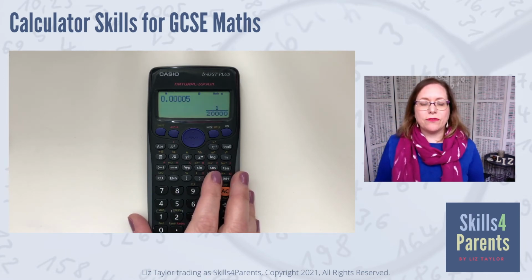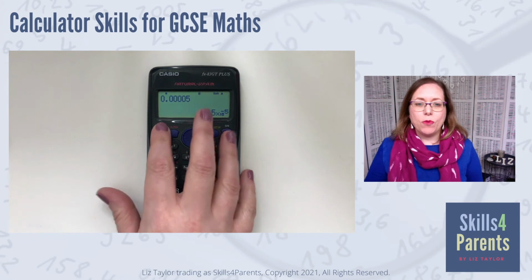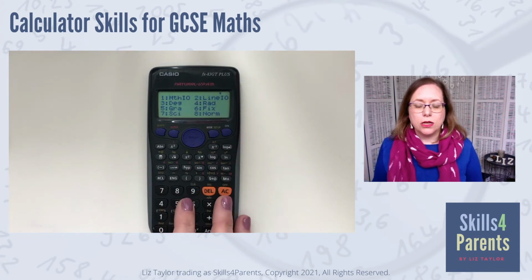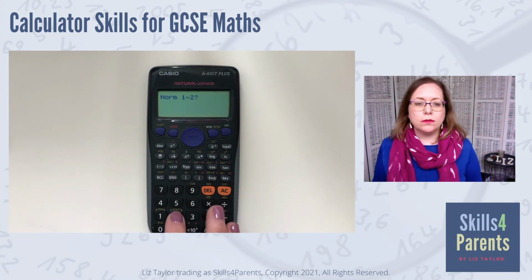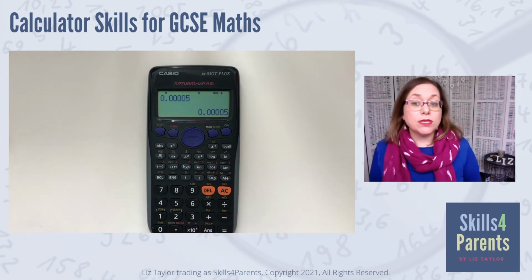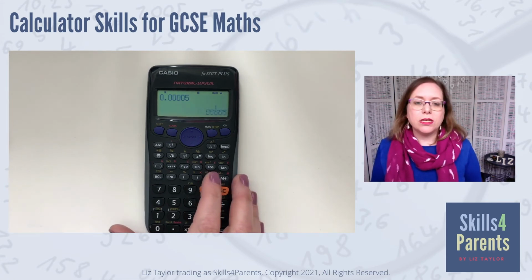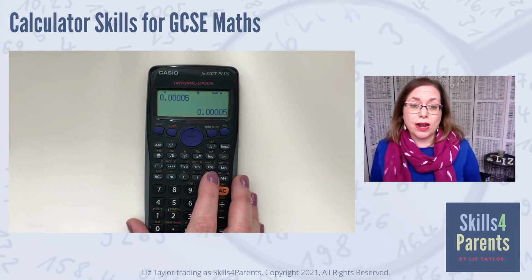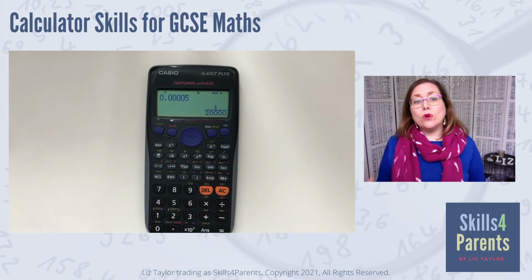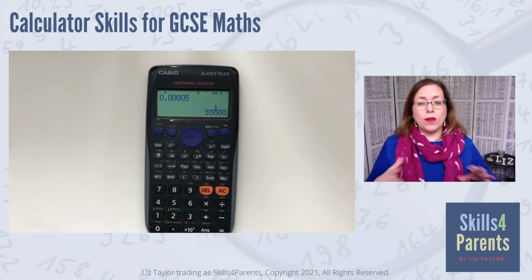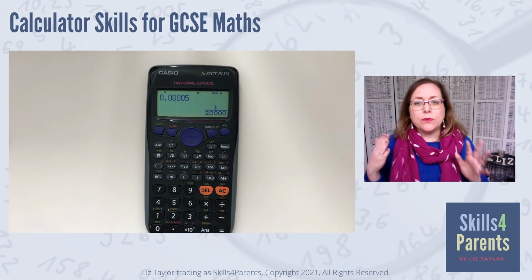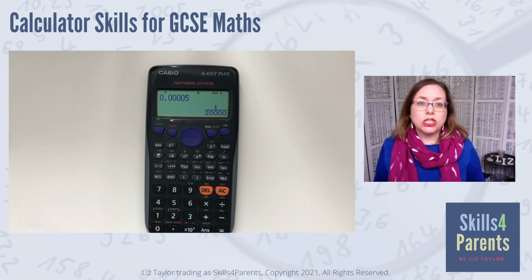If we put it in Norm 2, it's given to us as a decimal. And then if I use the SD button, it will take it to a fraction. It's just not standard form. It will only use standard form when you've got a very large number or a very small number that won't fit on the display, and therefore it needs to use it.